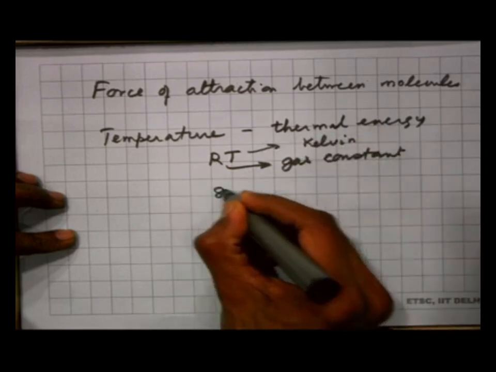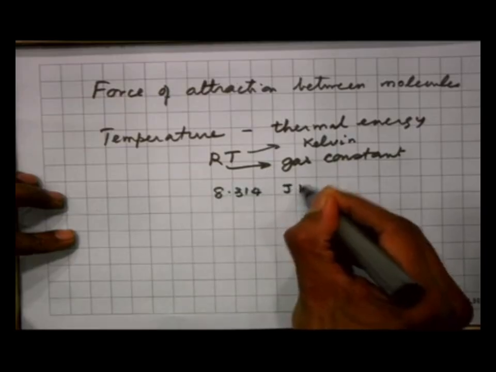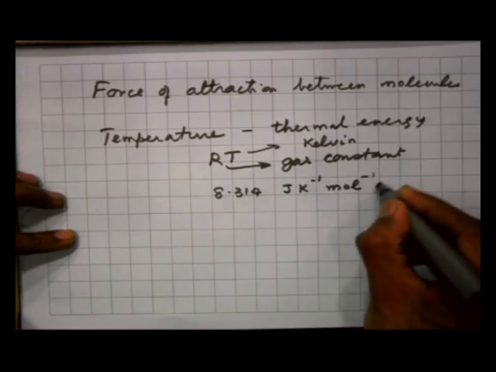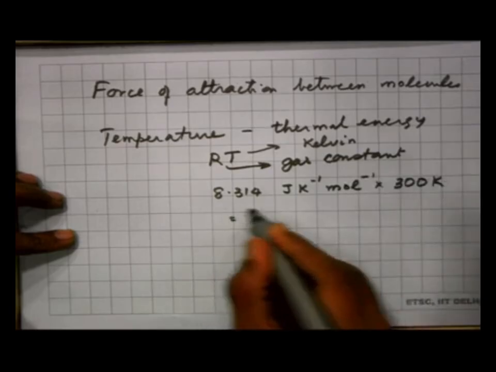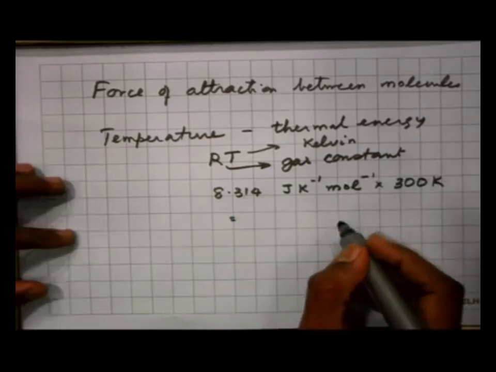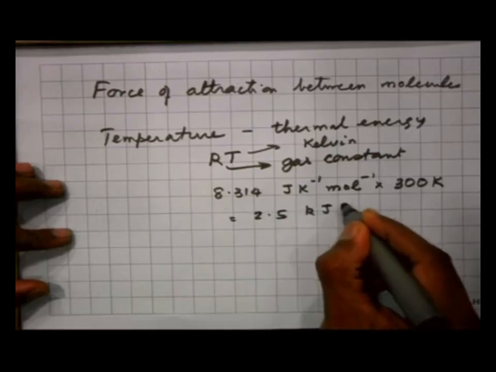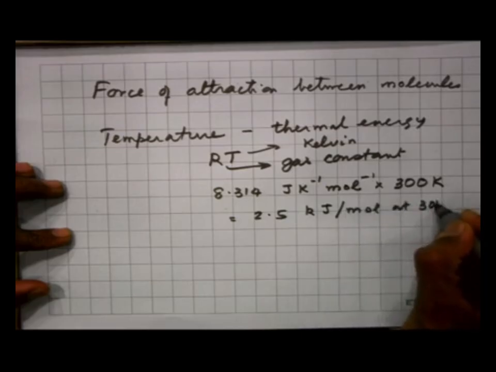So, if we have 8.314 joule per Kelvin per mole times 300 Kelvin, that works out to be about 2.5 kilojoules per mole at 300 Kelvin.